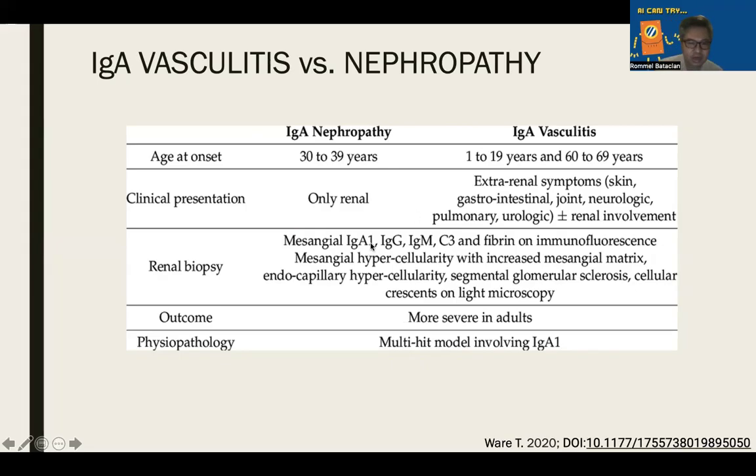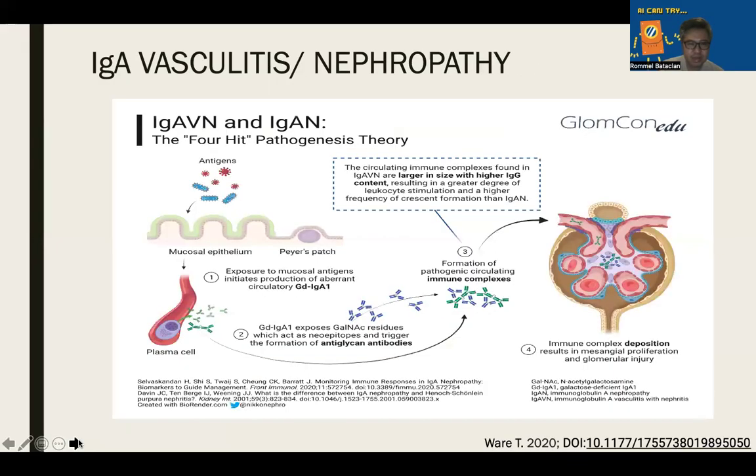There's IgA1, but there's also some IgG, IgM, and C3 activity. There's mesangial hypercellularity with increased mesangial matrix, endocapillary hypercellularity, glomerular sclerosis, and sometimes crescents. And the outcome is more severe among adults.